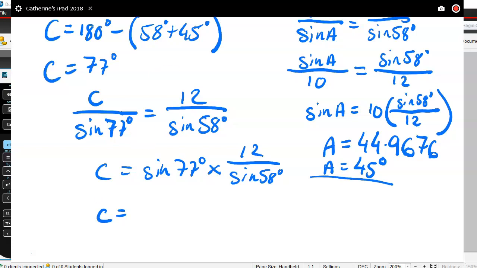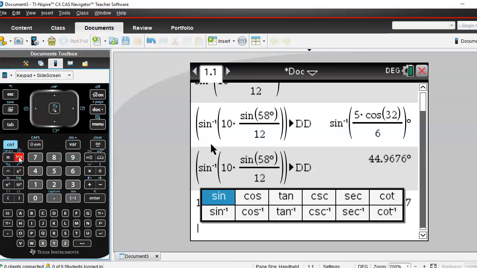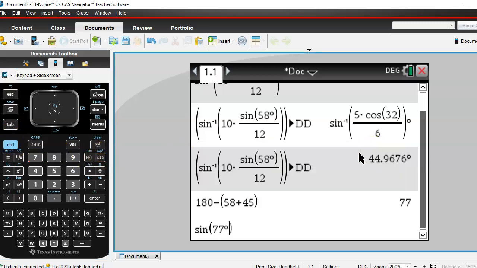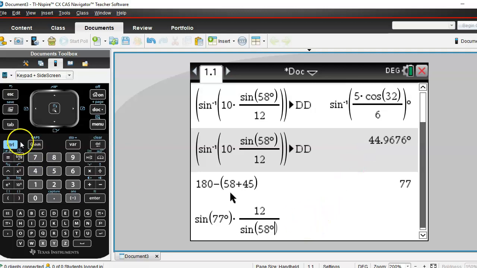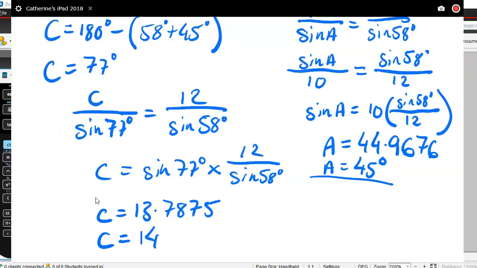So c equals sine 77 times fraction 12 over sine 58, and that approximately equals 13.7875. So depending on what the book has said, 14. So that's what I've said there.